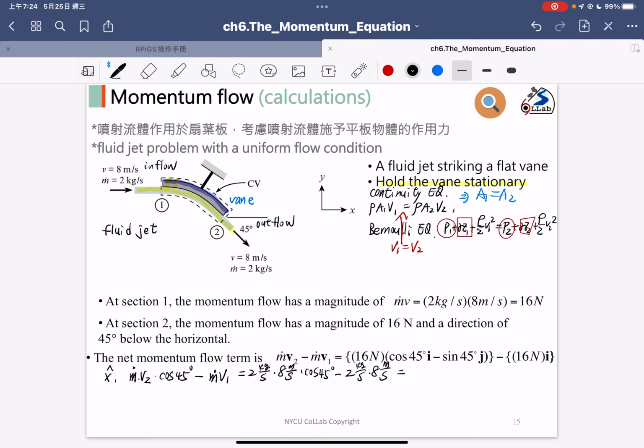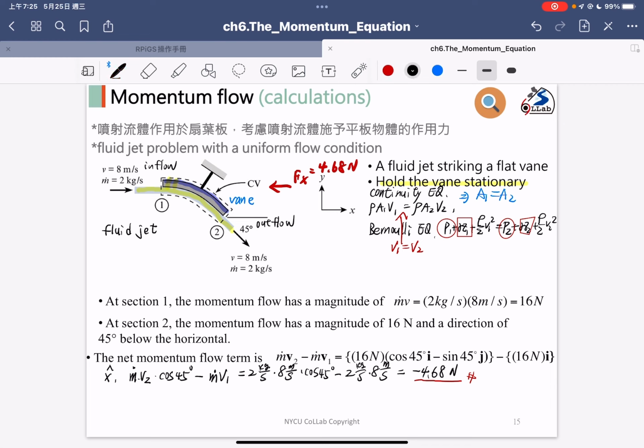The answer will equal minus 4.68 Newton. So along the x direction we have the external force Fx equal to 4.68 Newton, and the direction goes to the left.